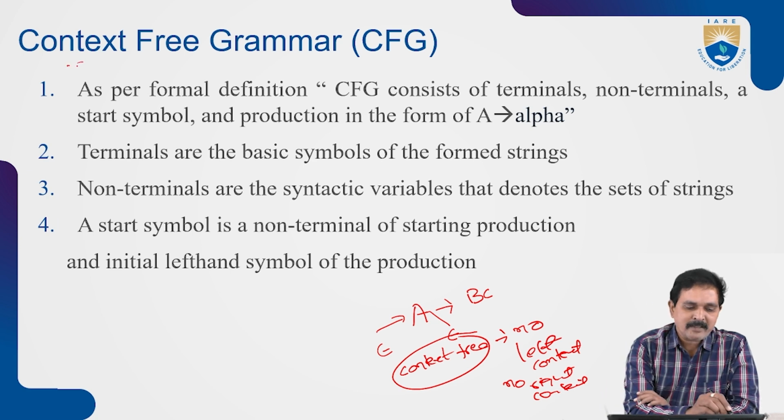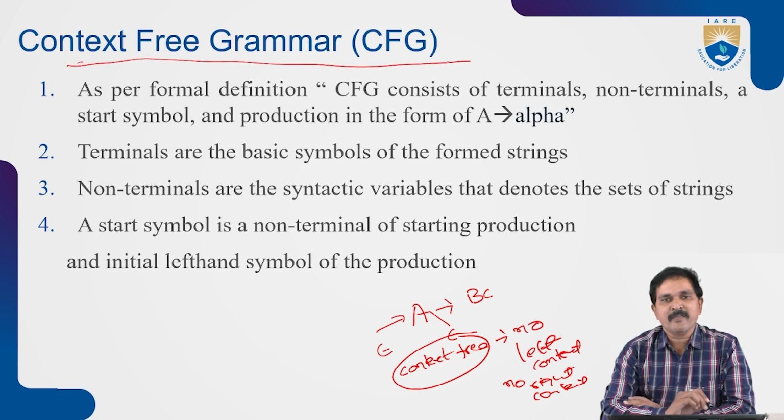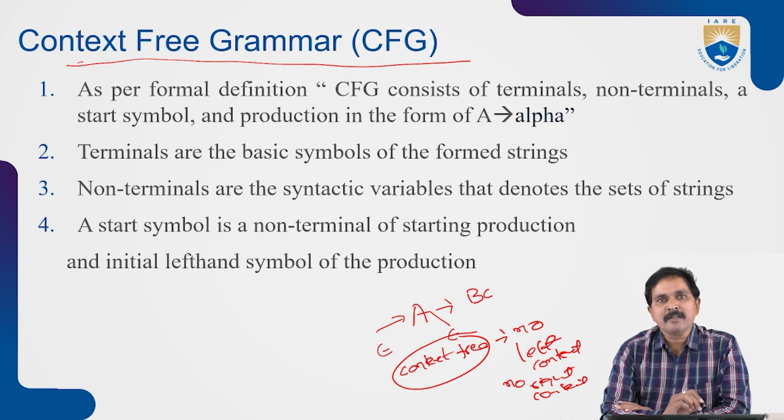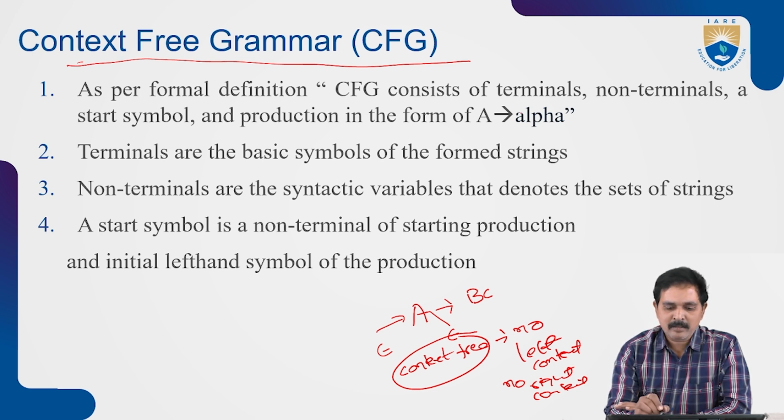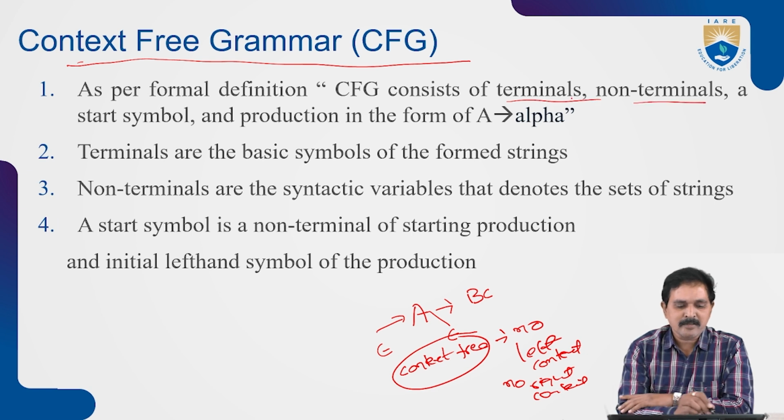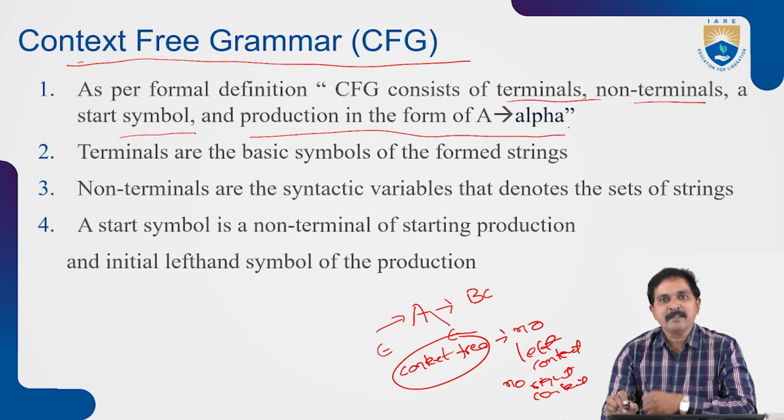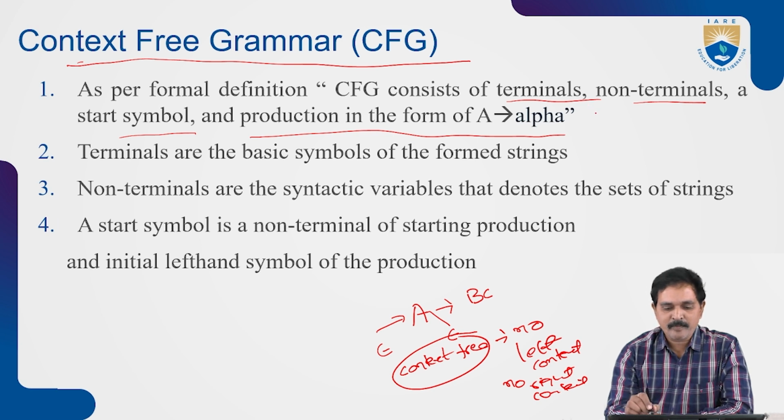Now today our discussion is regarding context-free grammar. As per the formal definition, a context-free grammar consists of terminals, non-terminals, and a starting symbol, and every production is of the form A implies alpha.